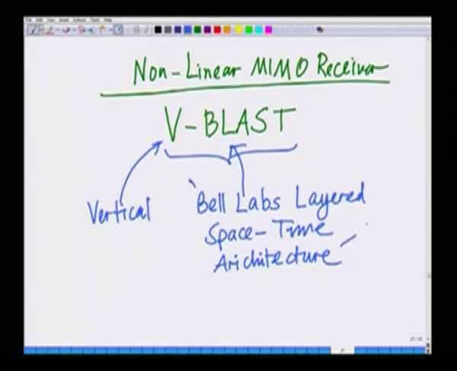So we are going to consider the V-BLAST technique, where V stands for vertical, and BLAST stands for Bell Labs layered space time architecture. So this is a nonlinear receiver.